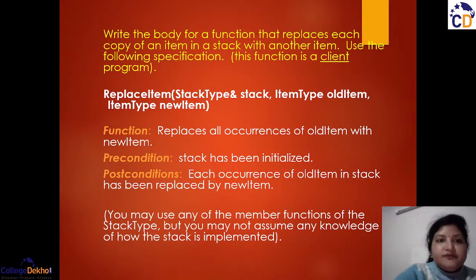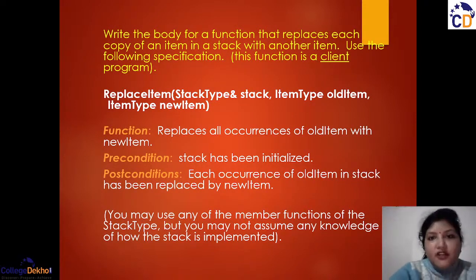Then write the body of a function that replaces each copy of an item in a stack with another item. Use the following specification. This function is a client program: ReplaceItem, StackType. I will be telling you how to write different programs in our data structures, because they may be a complex type of structure.